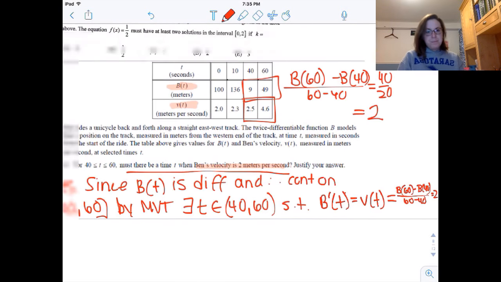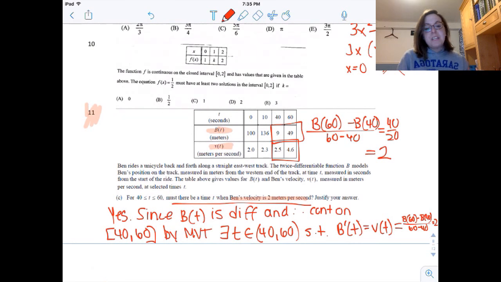Done. So don't be fooled if something doesn't work the first time if you're given both sets of values.